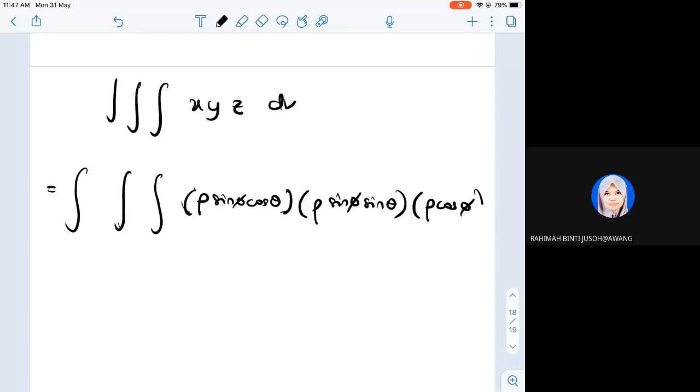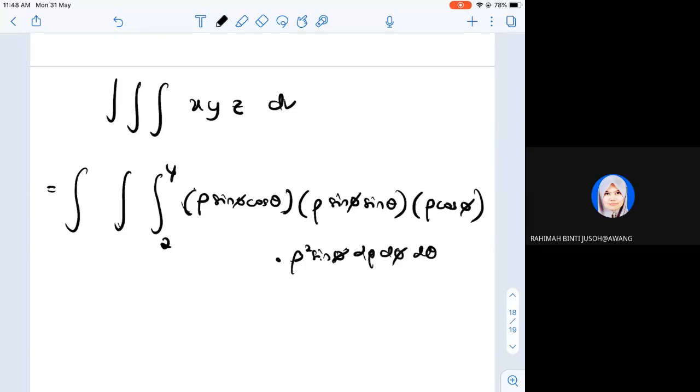Gantikan formula tadi guys. Yang banyak awal-awal tadi. Ada 9 formula tu. And then dv. dv is multiply with rho squared sin phi d rho d phi d theta.